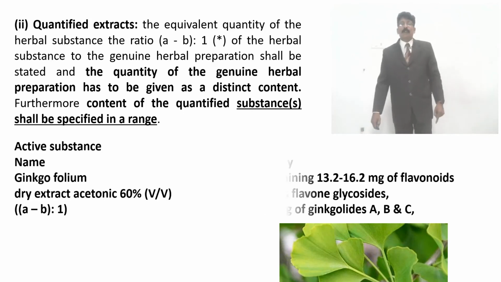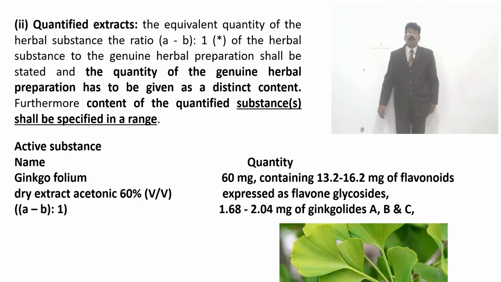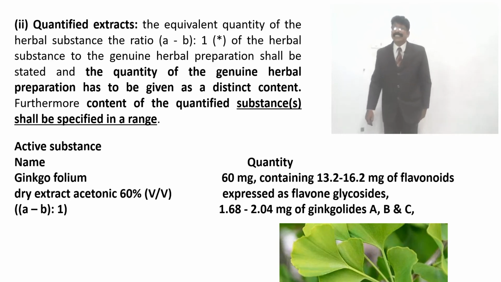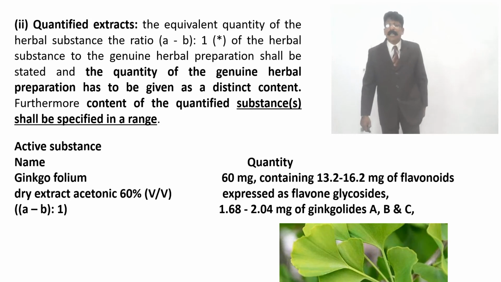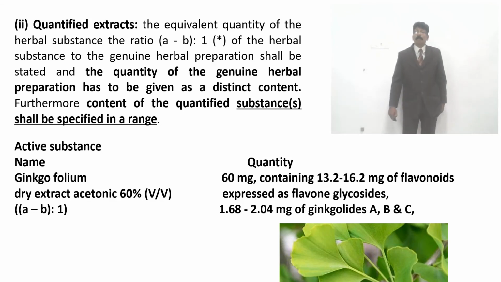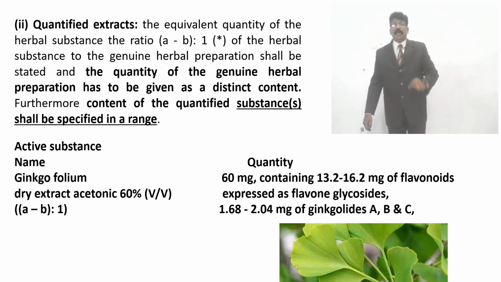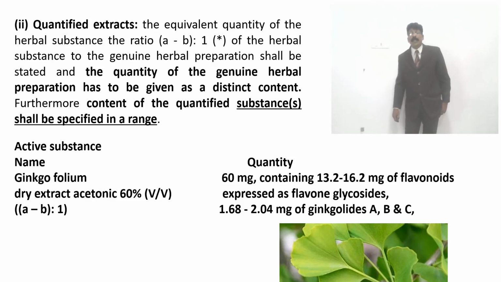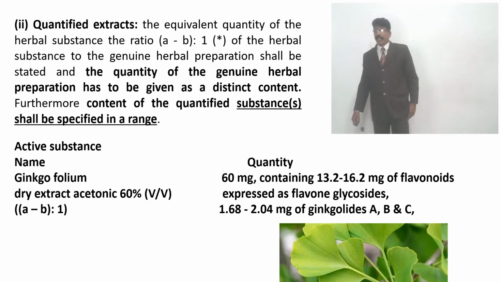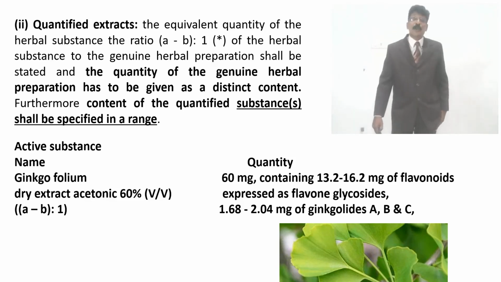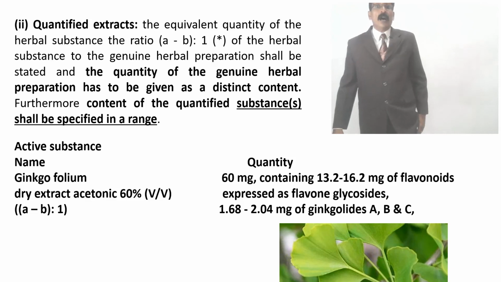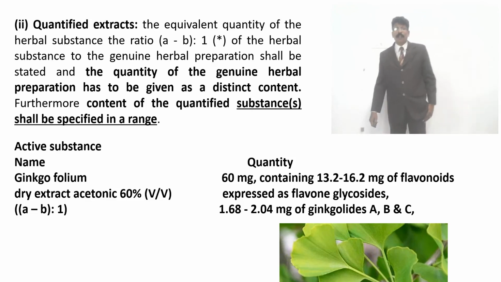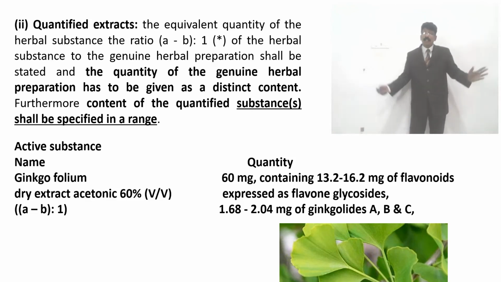The example is Ginkgo folium, 60 milligram, containing 13.2 to 16.2 milligram of flavonoids expressed as flavone glycosides, and 1.68 to 2.04 milligram of ginkgolides A, B, C, which is shown in an acetonic extract 60% volume by volume, A to B is to 1. So they gave it as a range for quantifying.